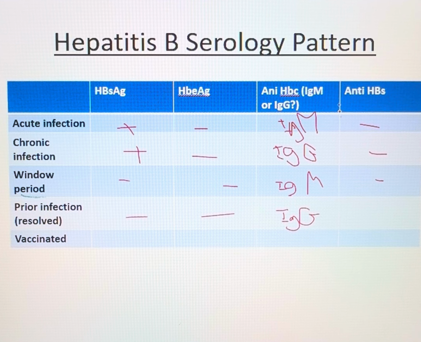And obviously anti-HBs is positive because the patient is immune now. If we are vaccinated against hepatitis B, this means the patient is immune, so this marker will be positive and everything else will be negative.